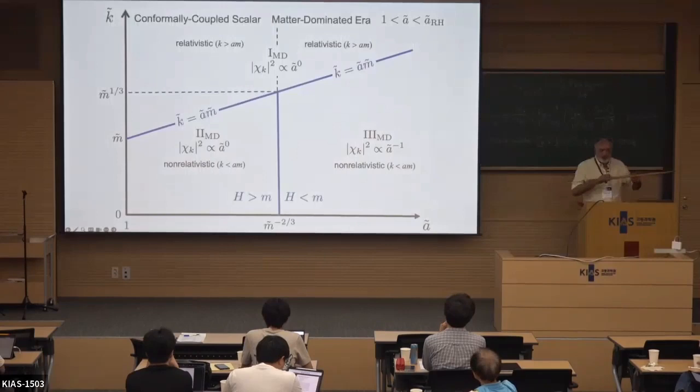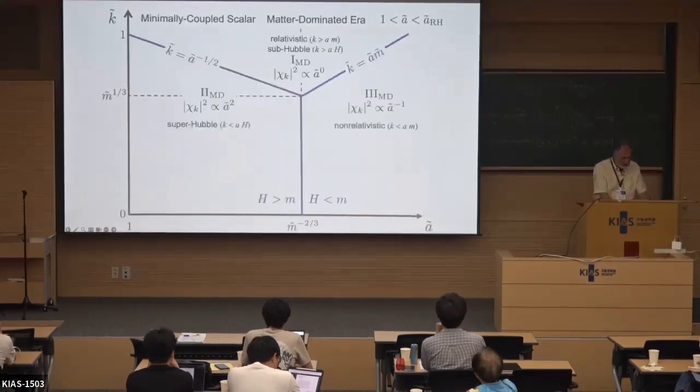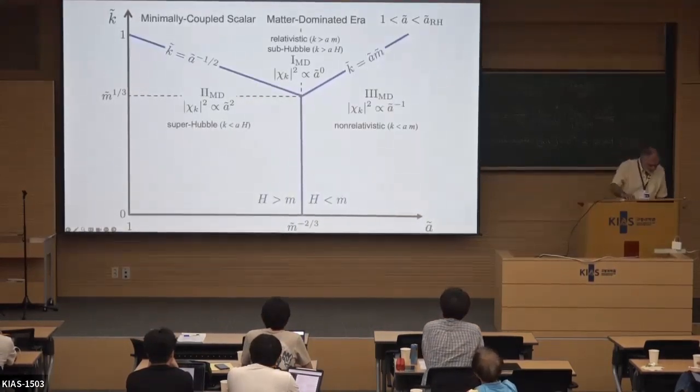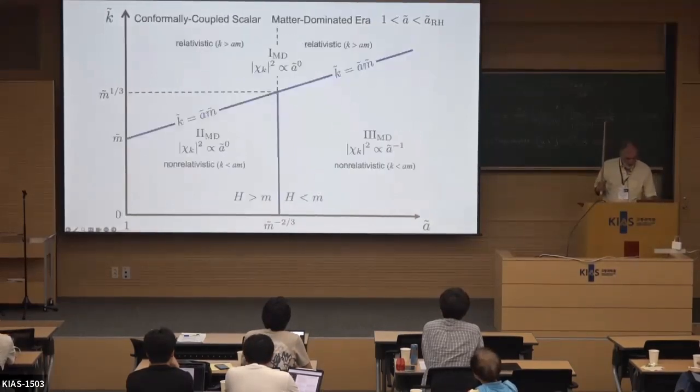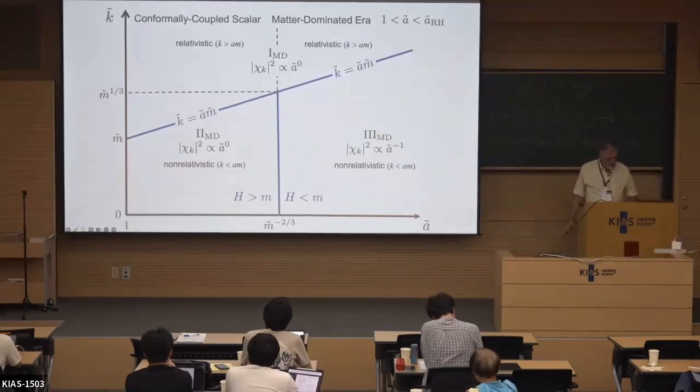Now, I want to just illustrate what the difference would be if that assumption is relaxed. So, again, you can see the difference here between the conformally coupled scalar and the minimally coupled scalar.